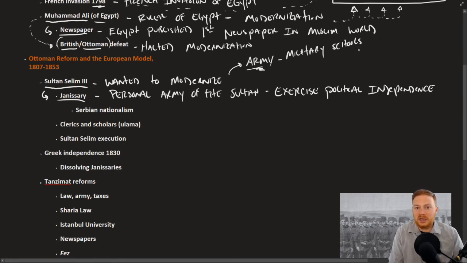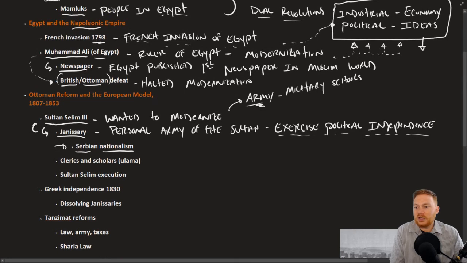as a threat. And the Sultan and the Janissaries would continue to keep an eye on one another. Even though technically the Janissaries should have been the army of the Sultan, they really ran things independently. An example of this is what happened in Serbia. Serbian nationalism. So recall, nationalism is one of these ideas that was a consequence of the political revolutions.